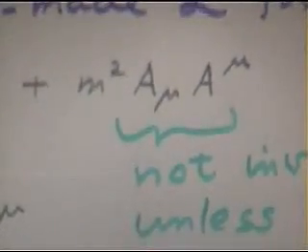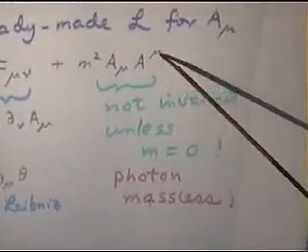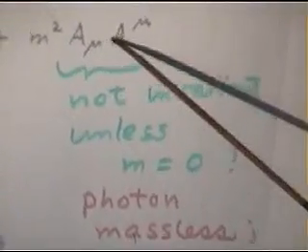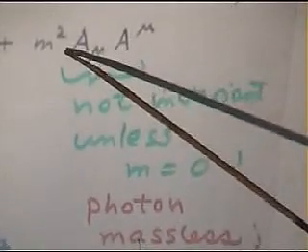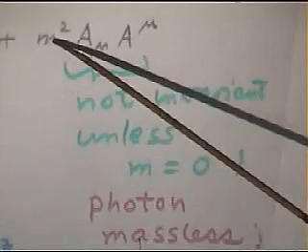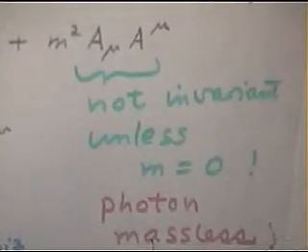Now, one thing you notice immediately is that if A mu transforms like this, it transforms to A mu plus some extra stuff, then this is obviously not invariant. So if A mu transforms like that, this is not invariant. So the only way it can be invariant is if the coefficient is 0, unless the mass is equal to 0.